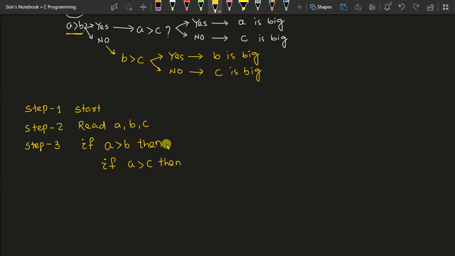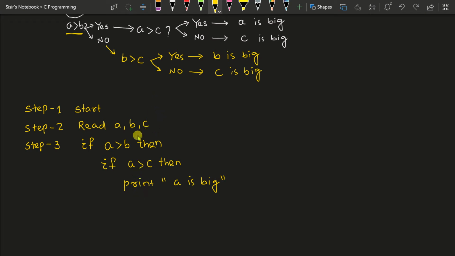If A greater than B is yes, we will enter into the control statement. Then we have to check again A greater than C. If it is also true, A greater than B and A greater than C, true and true, then what will happen? A is big. So I have to write print A is big.